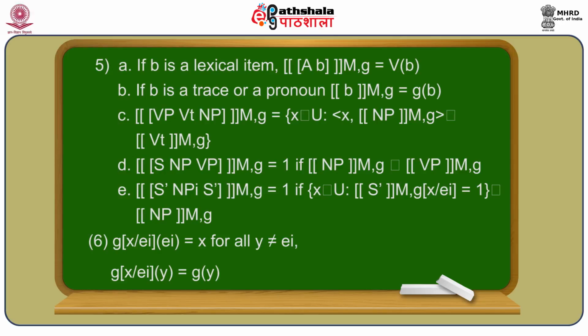If I have a noun phrase that has been moved at logical form, bearing the index i, then NP_i S-bar, when dominated by another S-bar, is true if and only if the set of all x's such that the semantic value of S-bar evaluated relative to M and something that we call a modified assignment function, which I will explain in a second, g x slash t sub 1, equals 1, we form this set, is a member of the semantic value of the noun phrase with respect to M, g.